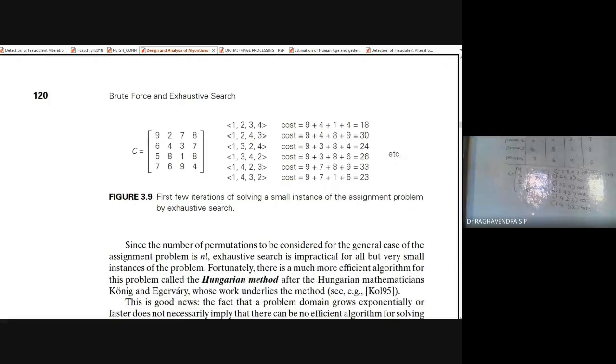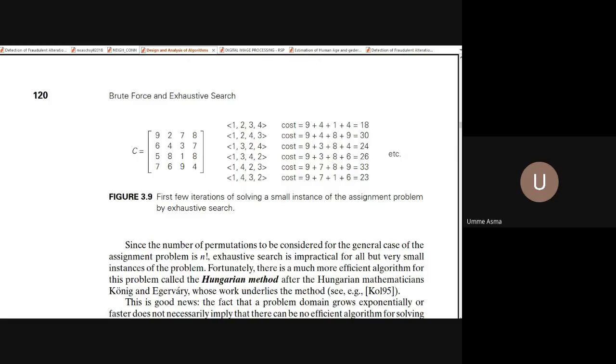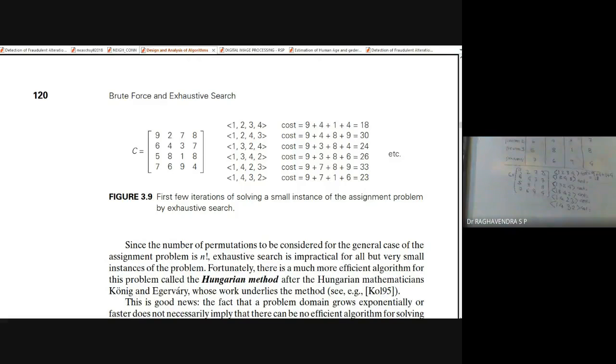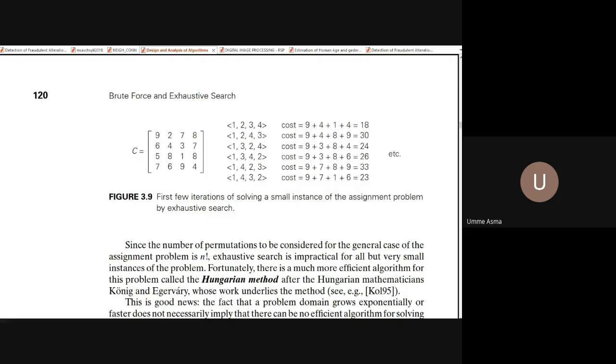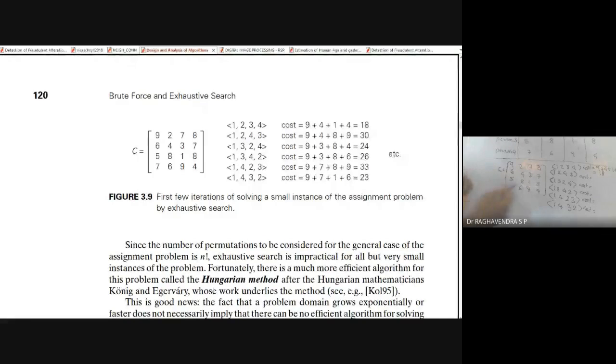Eighteen, sir. Can you tell me this combination, that is 1, 2, 4, 3, how much it will yield? 30. So the value is 30.